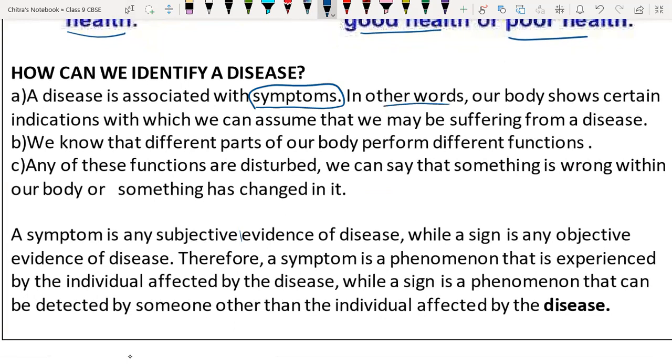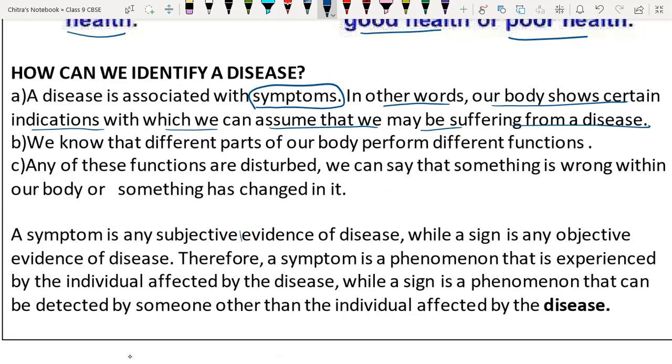In other words, our body shows certain indications from which we can assume that we may be suffering from some kind of disease. Like headache, body ache, stomach ache, joint pain, nausea, vomiting, discomfort in the stomach. All these are different kinds of symptoms for a particular disease.